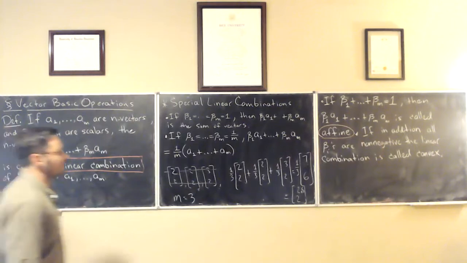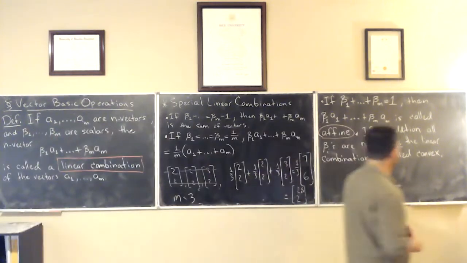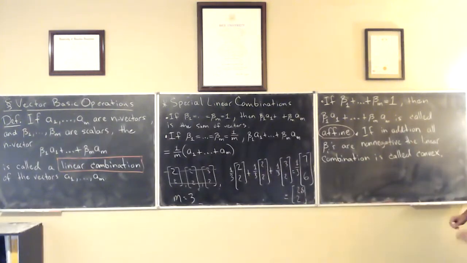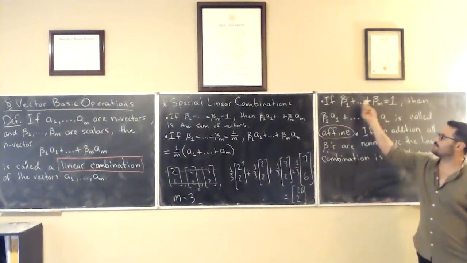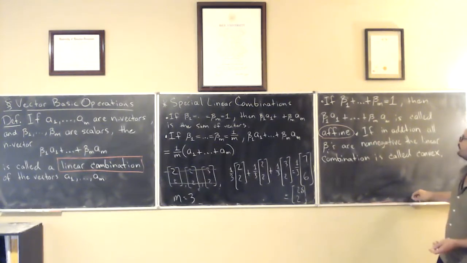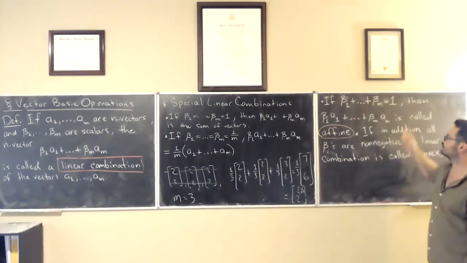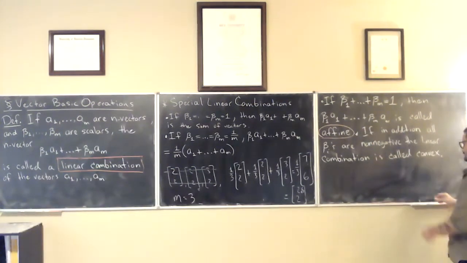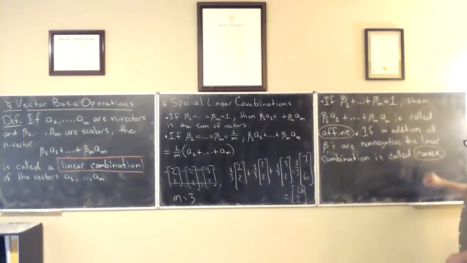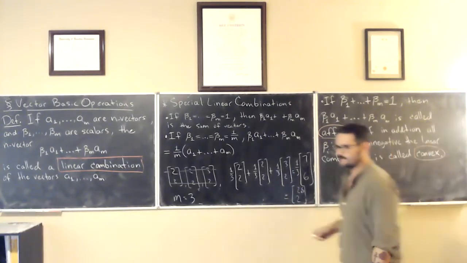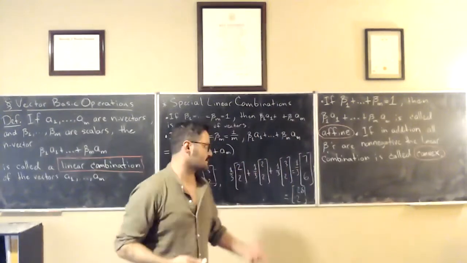So one way to think about this is that if you sum the betas and they equal 1, and if they're all non-negative, then you can think of this as a weighted percentage of your vectors.